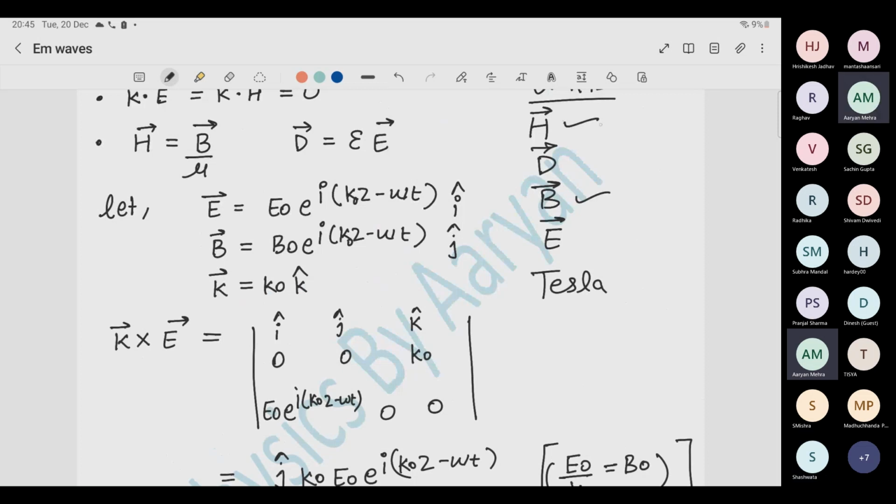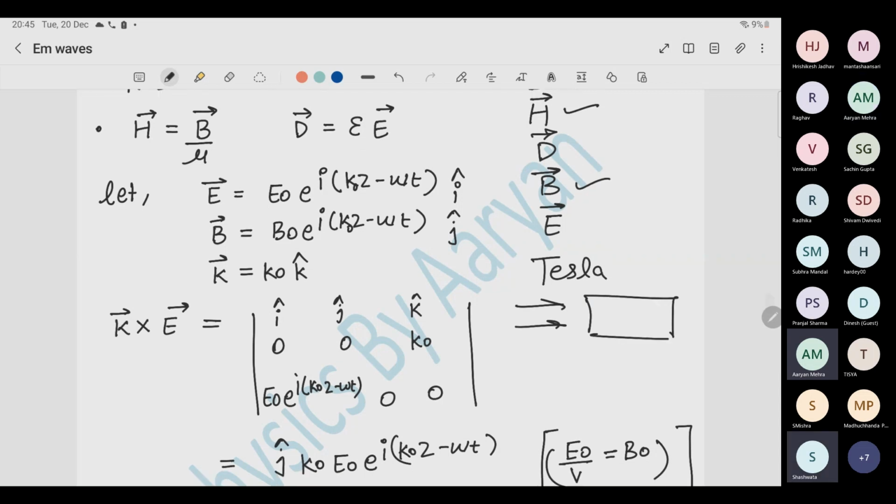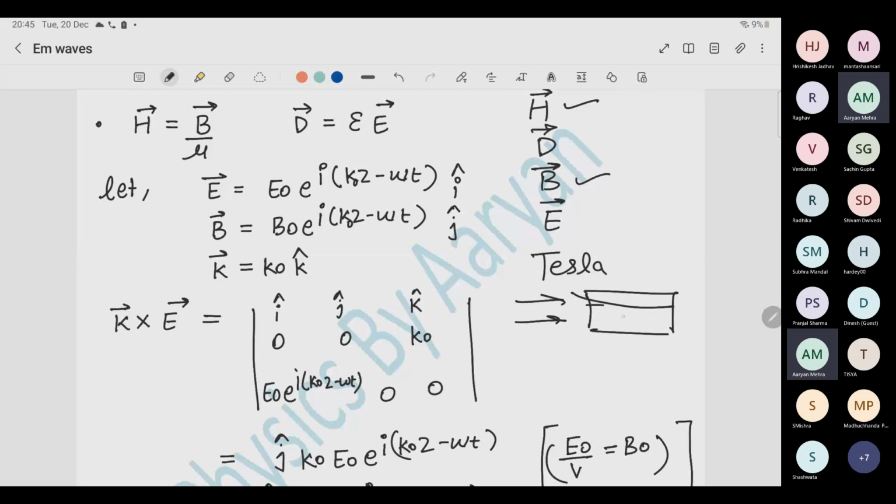But whatever field you have applied, if there is a paramagnetic or diamagnetic material, inside it there will be a different magnetic field. What the magnetic field is inside a material is determined by the number B. But what you have applied is defined by the number H.